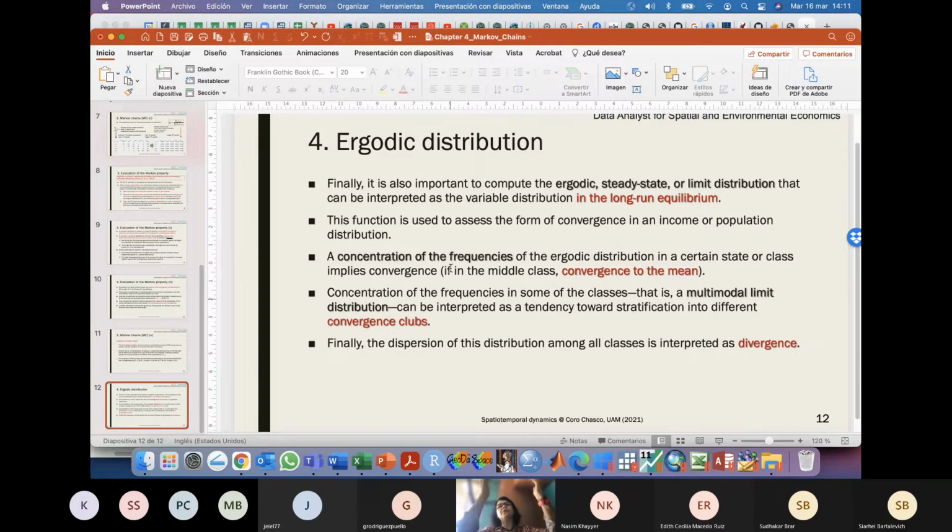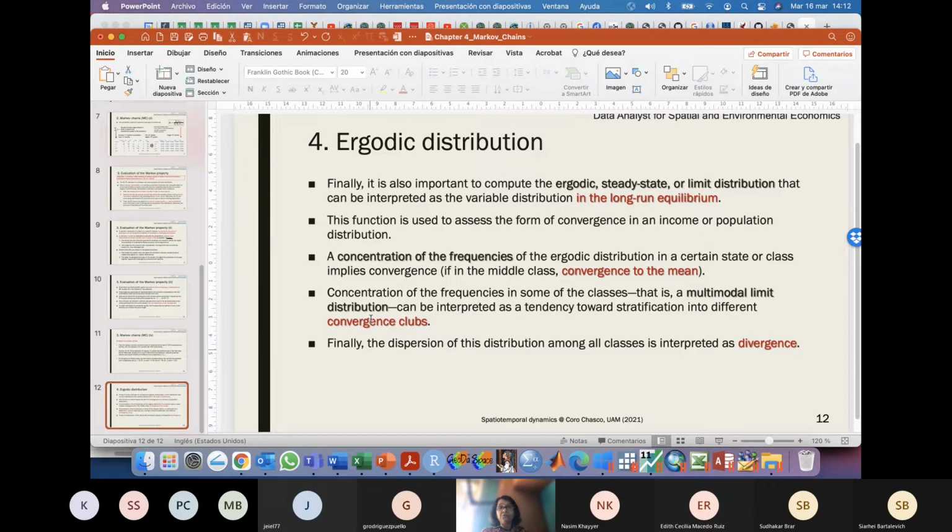So they are going to converge, and the small ones will be more or less an average size, and the megalopolis also will lose population to become middle-sized cities. You know, this is the idea of convergence to a mean value of whatever phenomenon you are considering.